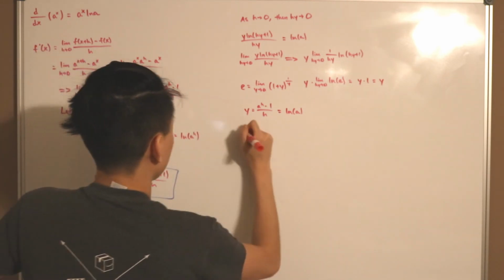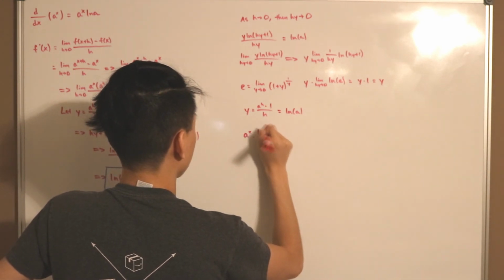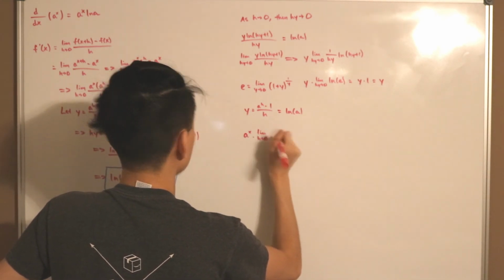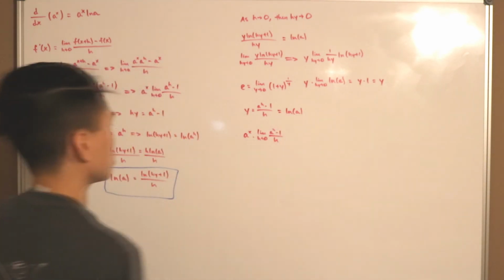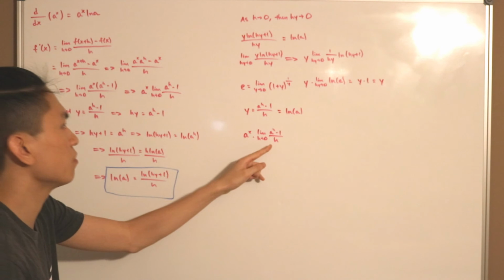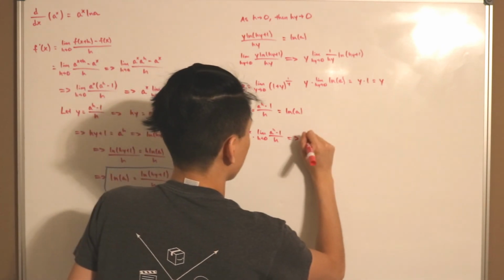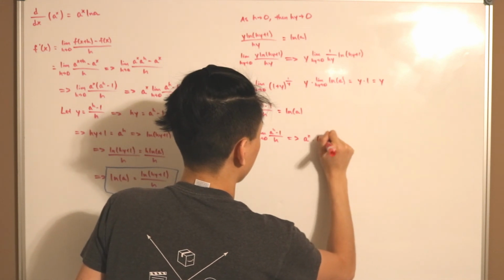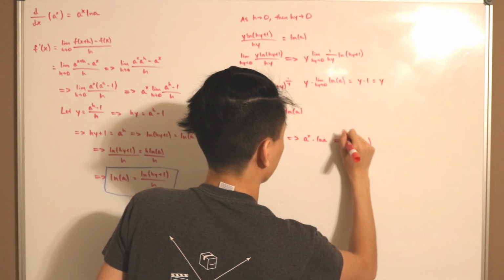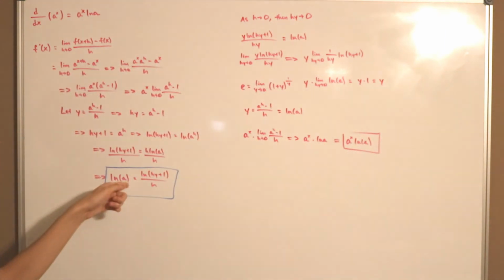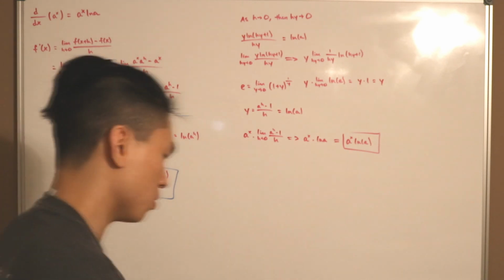That means a to the x times the limit as h approaches 0 of a to the h minus 1 divided by h. We said this limit is ln of a, so it's a to the x times ln of a, simply a to the x ln of a. And that's why I boxed this, because it is important for later. This is exactly why.